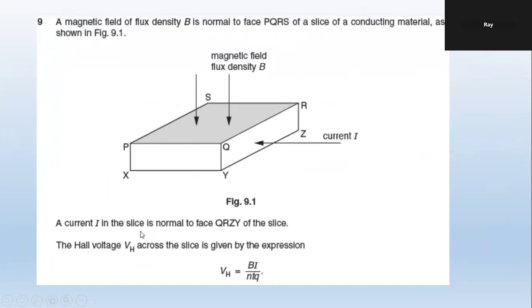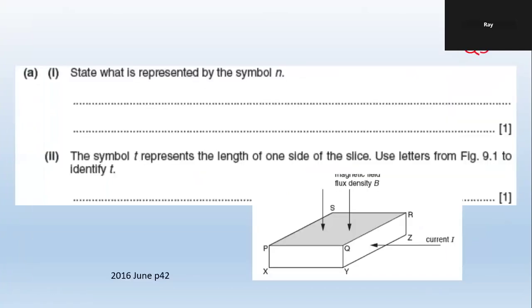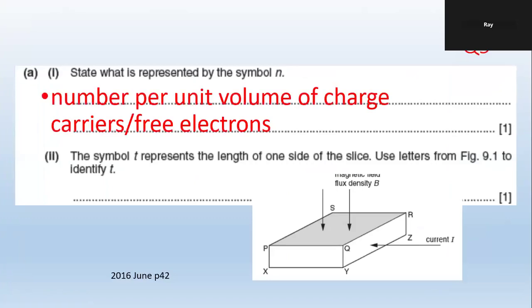The current in the slice is normal to it. N is the density of the charge carriers. Number per unit volume, of charge carrier or free electron. Better explain it: number per unit volume.